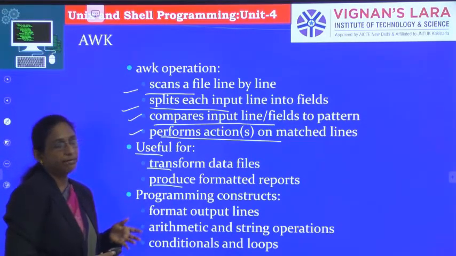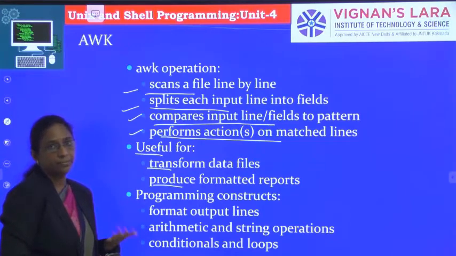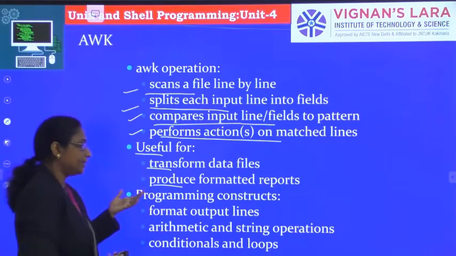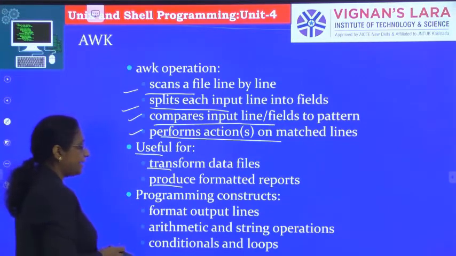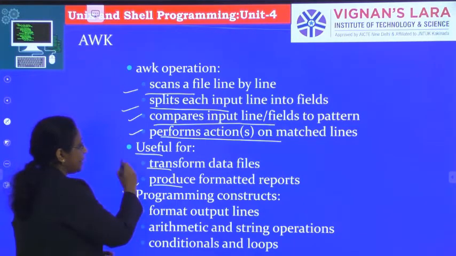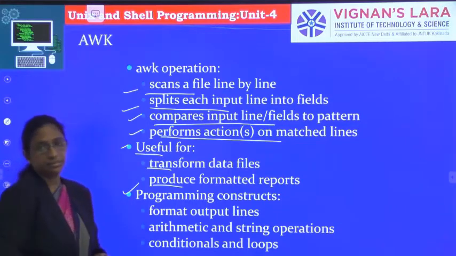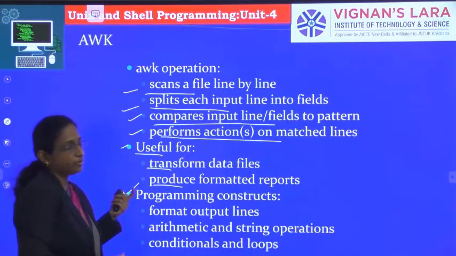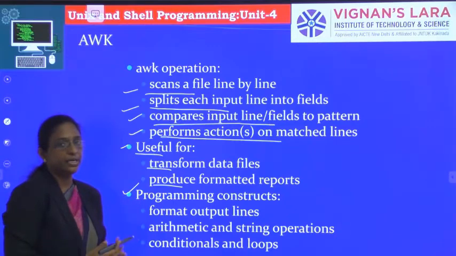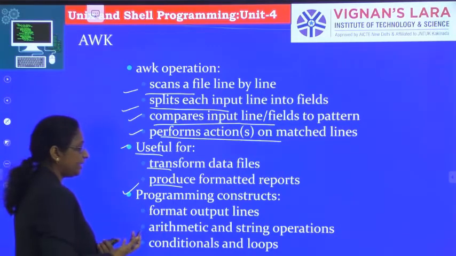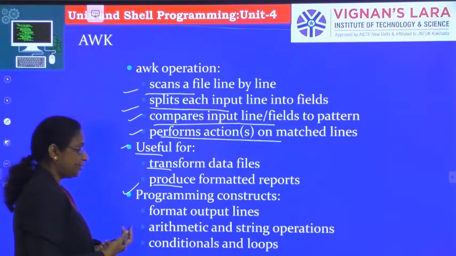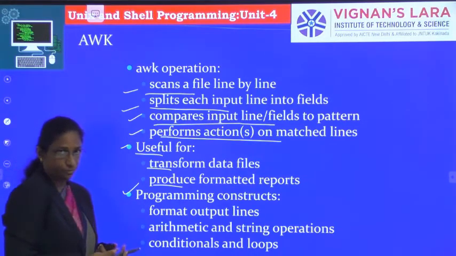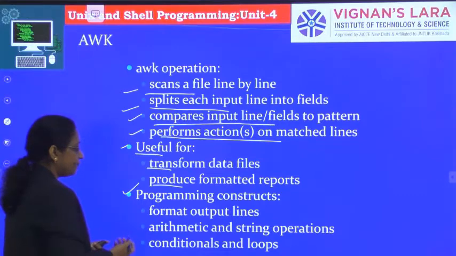For example, if you want to calculate the average sales of a particular year, you can generate such reports. Similarly, awk also supports programming constructs. It is not only used for searching a particular pattern; you can use constructs like for loops and if conditions, and format output lines.